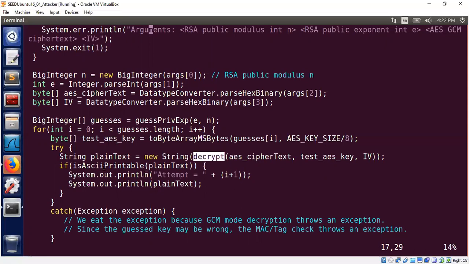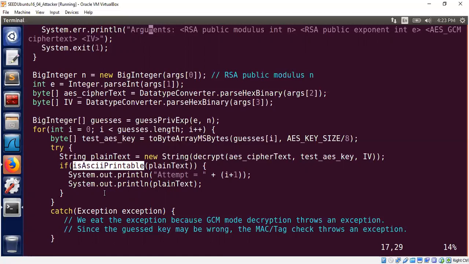If the decryptor returns something gibberish, usually it's not printable. Is ASCII printable is a little utility I got from the internet. It checks whether all the characters are printable ASCII characters, no funny looking characters. If that's true, it prints the plain text, and it continues, because there may occasionally be some plain text that is printable, but very, very rarely.